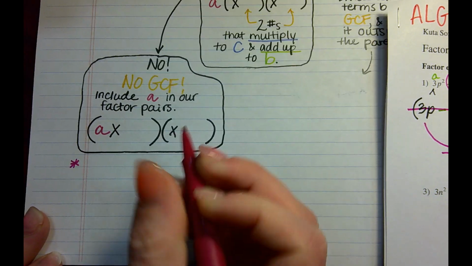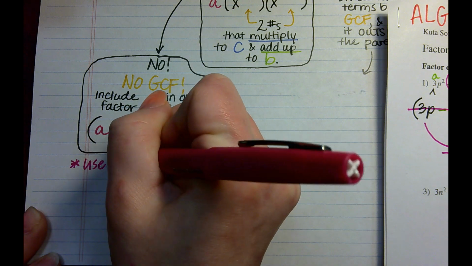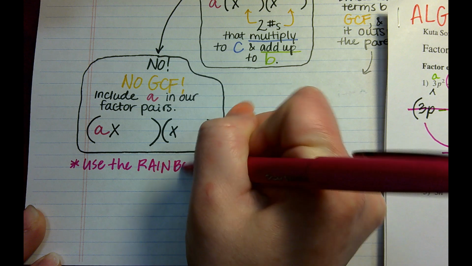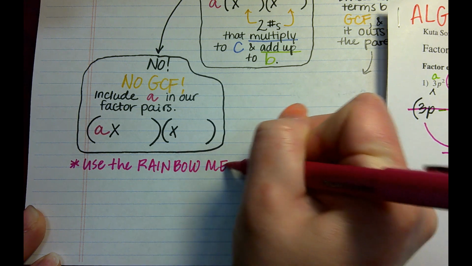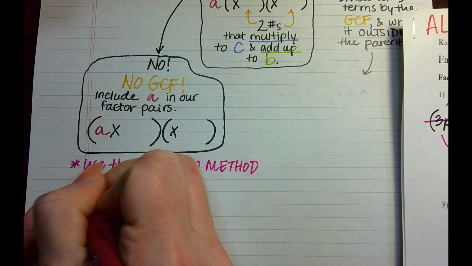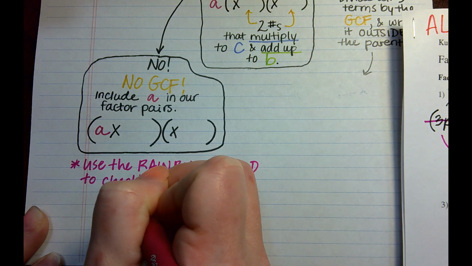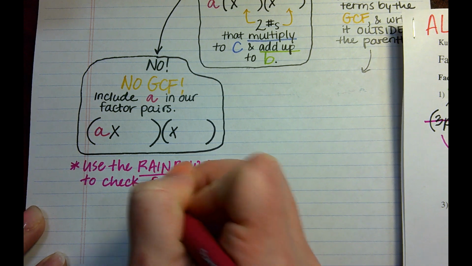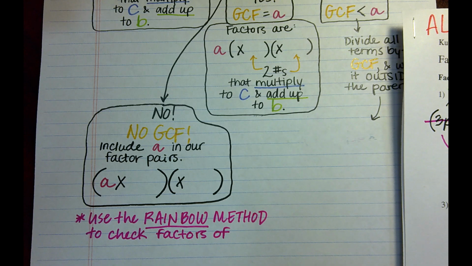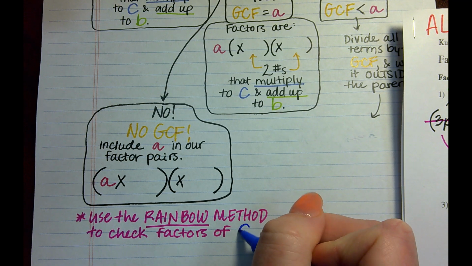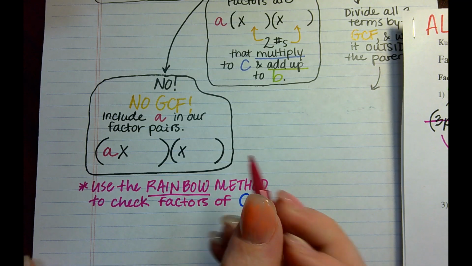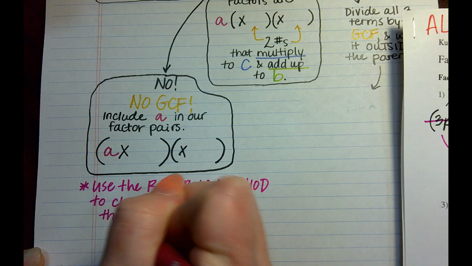I'm going to say, use the rainbow method to check the factors of C that add up to the middle term.